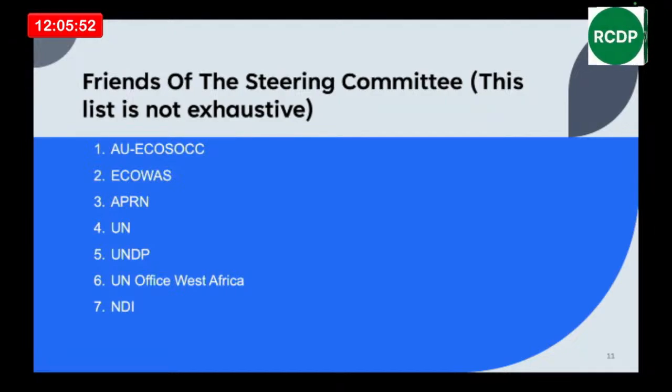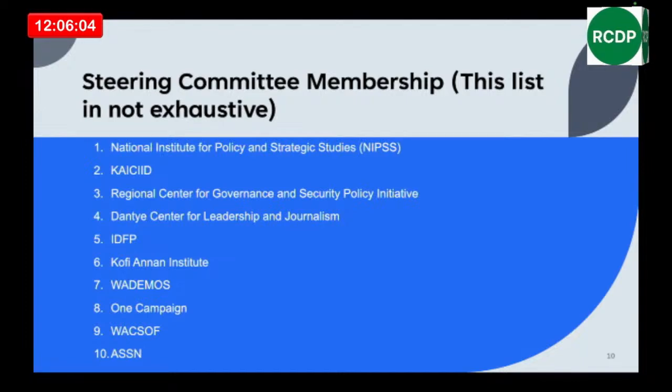Kofi Annan Foundation, as well as the West African Democracy Solidarity Network, WADEMOS, who we heard from here today, One Campaign, who we're hoping to hear from online, but this was not possible, as well as the West African Civil Society Forum and the African Security Sector Network.